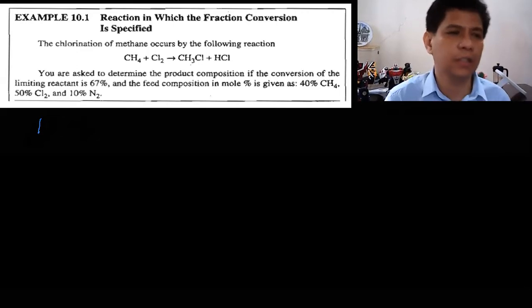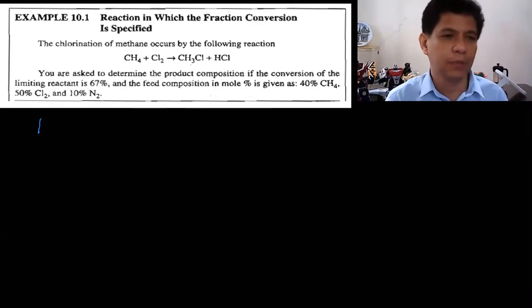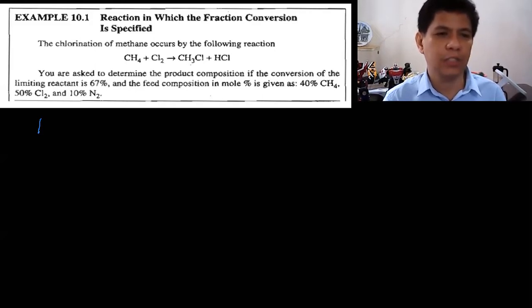Okay, so let me read the example 10.1. Reaction in which the fraction conversion is specified. Ibig sabihin, given yung conversion. Okay, let's first read the problem. The chlorination of methane occurs by the following reaction. So CH4 plus Cl2 will give you CH3Cl plus HCl.